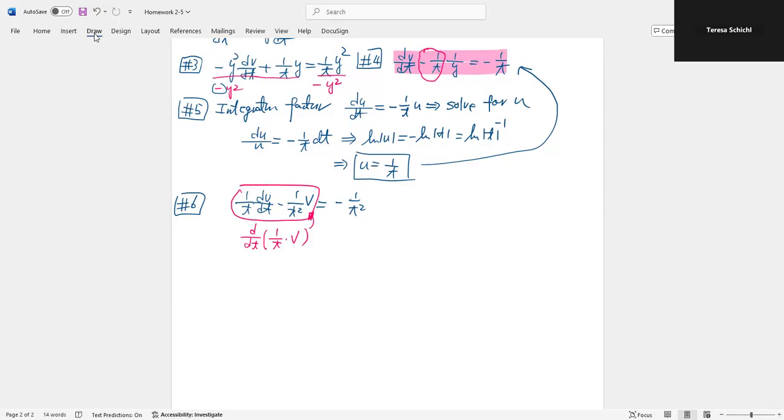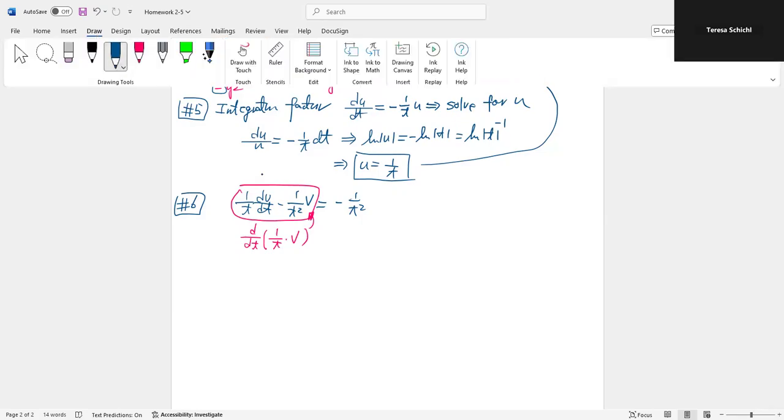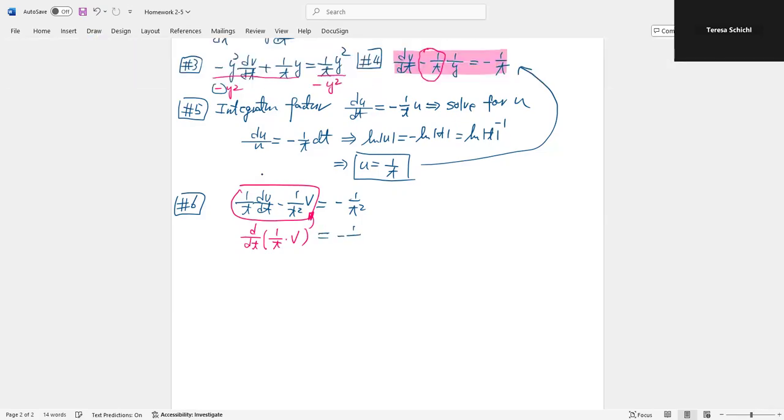All right, so that is good. Then this is negative 1 over t squared. Now integrate both sides. Okay, so it's 1 over t times v, where v is 1 over y, right?